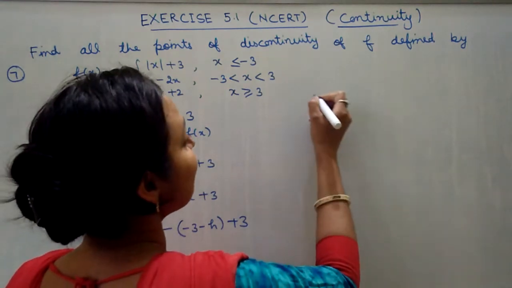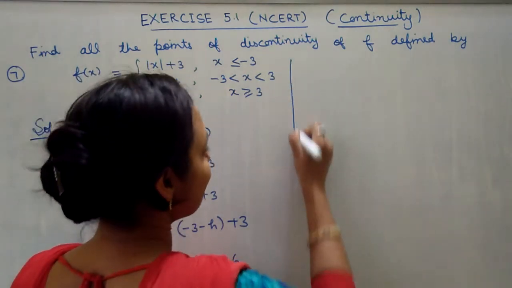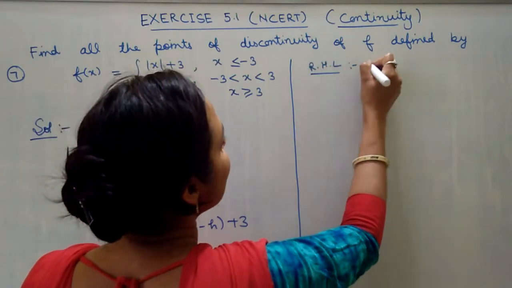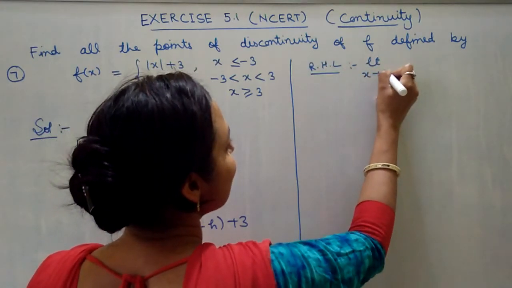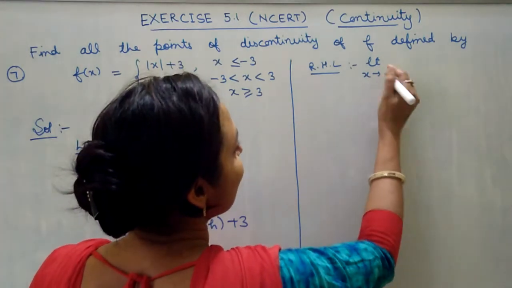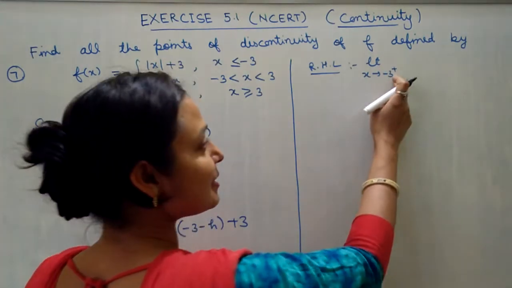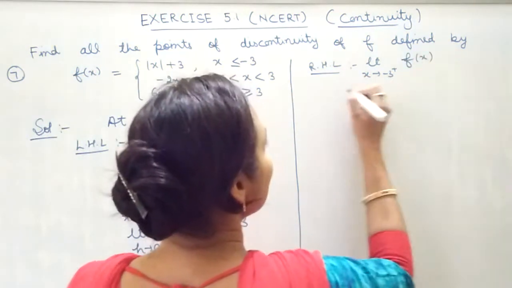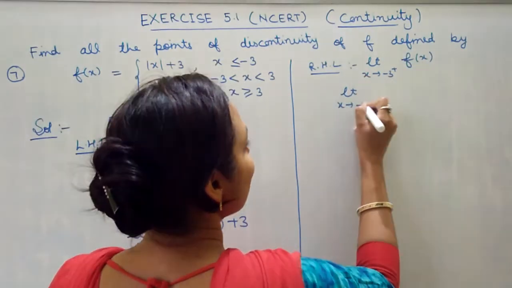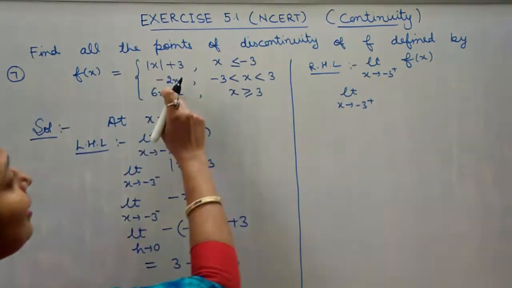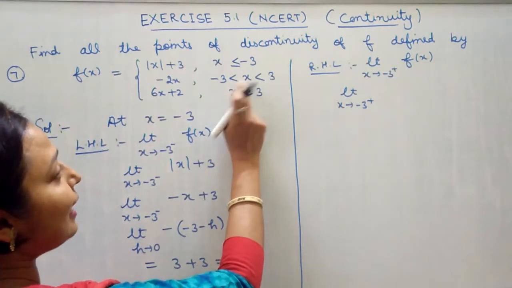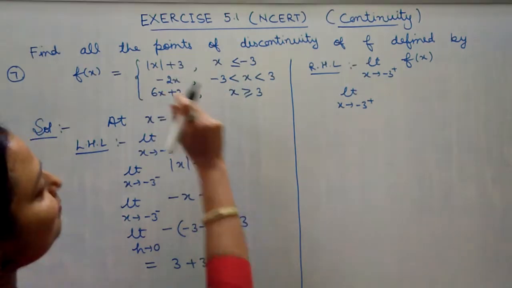Now come to the right hand limit. I will take limit x approaches to -3 positive. The positive sign denotes the right hand limit of f(x). For x greater than -3, the function is -2x.